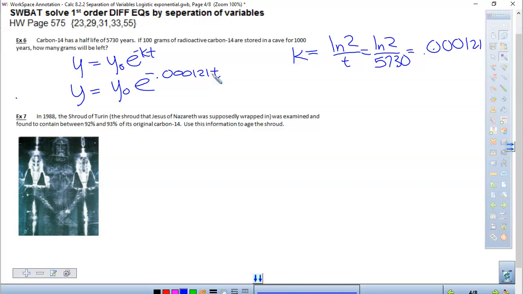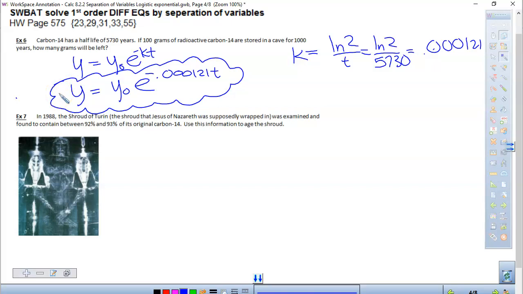Wait, I'm confused. Why are we using 5730 though? This is the general formula that I'm going to use in both example 6 and example 7. That's the whole point, I'm going to use this twice.